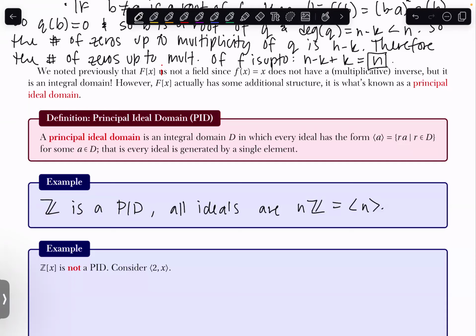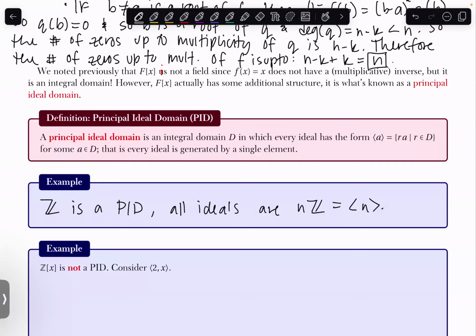This is really coming from thinking first about all the subgroups that I could have of Z if I just think of addition. They all have this one form, and when I add this extra operation, they still have this nice form. So this is our nicest example. Usually it's really hard for us to know when we have principal ideal domains, which is why we didn't go into a lot of detail for these.